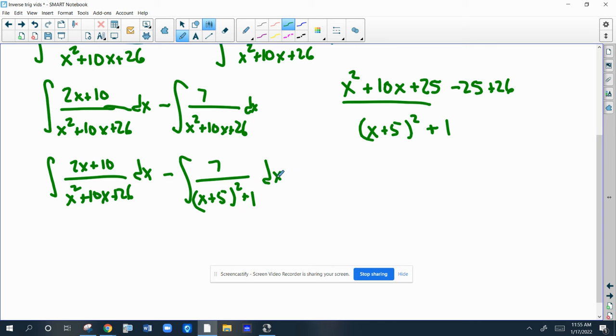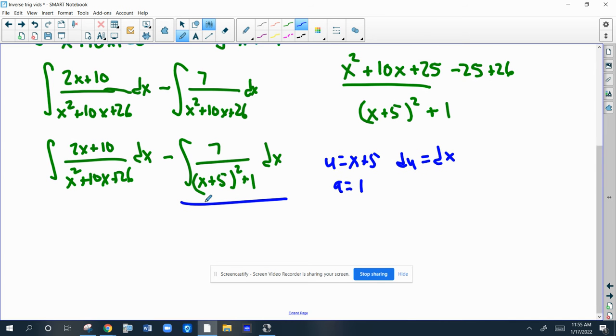Okay, so now on the second integral, u is x plus 5, du is dx. So that's a straightforward substitution. A is 1. That's great. So this is an arctan because it's a squared plus u squared. So I think I'm ready to integrate.